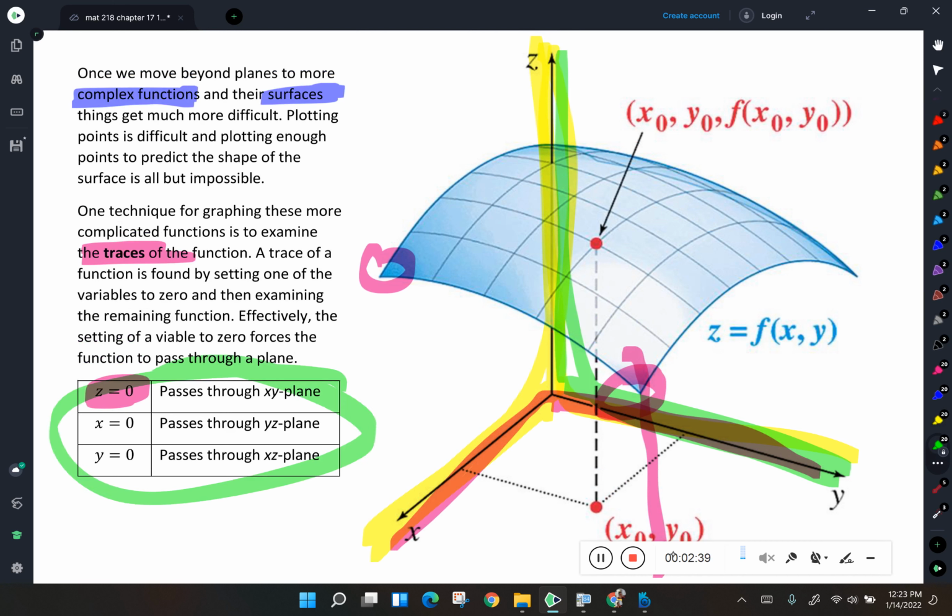Every trace that goes through a plane is when the missing variable has been set equal to 0. So if you're looking for the xy plane, there's no z, so that means z is 0. If you're looking for the yz plane trace, that's when x is 0. And if you're looking for the xz plane trace, that's when y is 0.